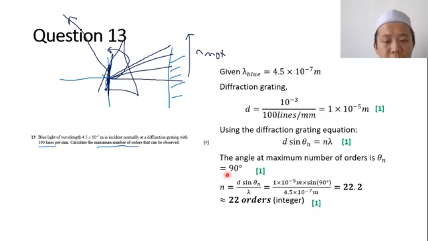It's not 90 degrees. It will be less than 90 degrees. Why? If theta equals 90, we get 22.2 orders. So we round off, and it becomes 22 orders. When we take 22 as the integer, we won't get theta equals 90. Probably we get less, probably 80 degrees. So the diffraction goes up to an angle of 80 something, but it cannot be more than 90. So it won't be 90 degrees again. Right, so that's it.